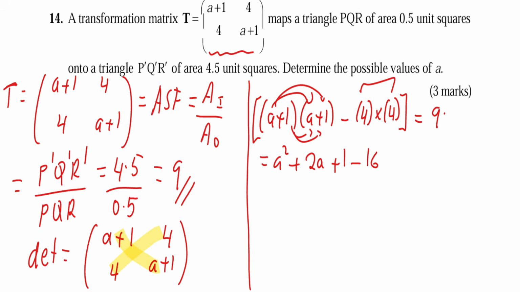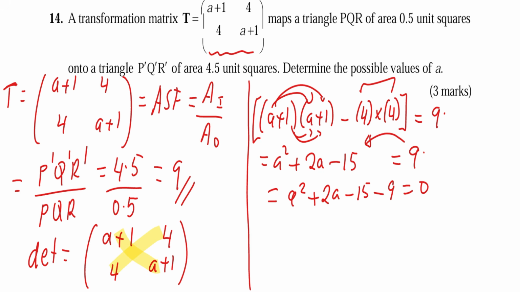So minus 16, which is equal to 9. Now, 1 minus 16 gives you negative 15. And if you put the 9 to the other side, it should give you A squared plus 2A minus 15 minus 9 equal to 0. And minus 15 minus 9 is minus 24.